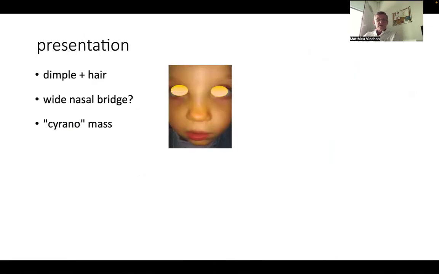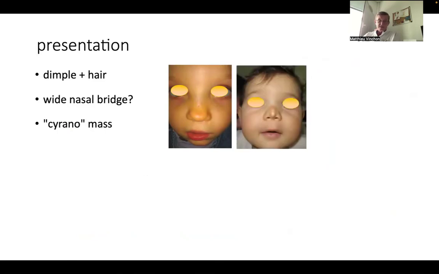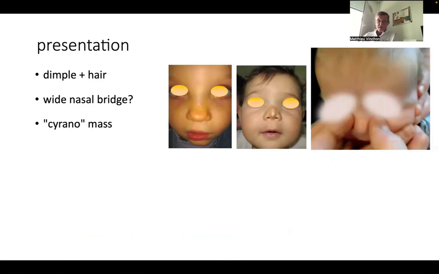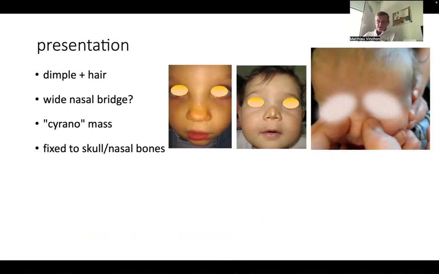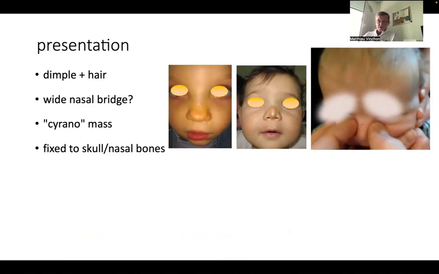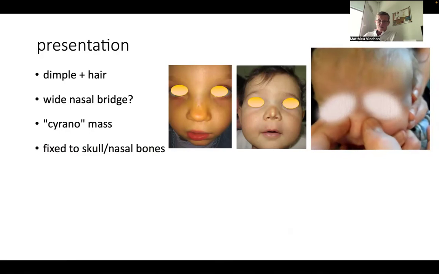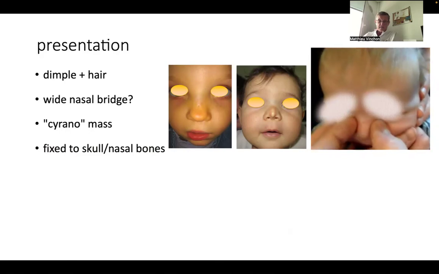So the presentation is, as the other dermal sinuses, a dimple with hair. Here we can have a widened nasal bridge. You can have a seromass when the cyst is very low on the tip of the nose, and you can see that there is also an invagination of the fistula when you try to mobilize the skin over the nasal bones.